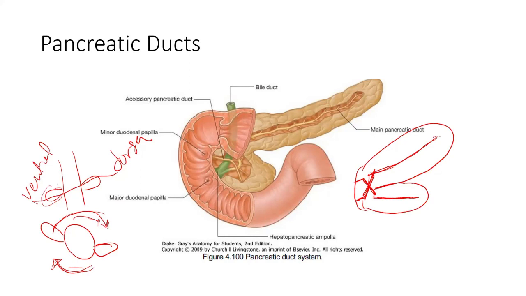So that's how the main pancreatic duct, which arises from the dorsal pancreatic bud, drains to the major duodenal papilla, and the part from the ventral bud drains through the accessory duct more proximal to the major duodenal papilla, like this. Okay.